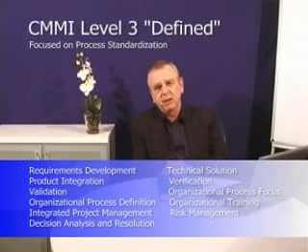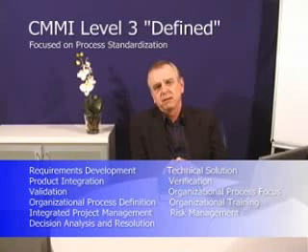Integrated project management sits on top of project planning and project monitoring and control. It's the project managers using the standard process to create their project's defined process such that they can then conduct business for the project specifically to meet that project's needs.